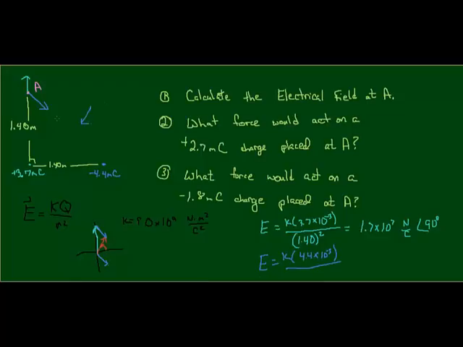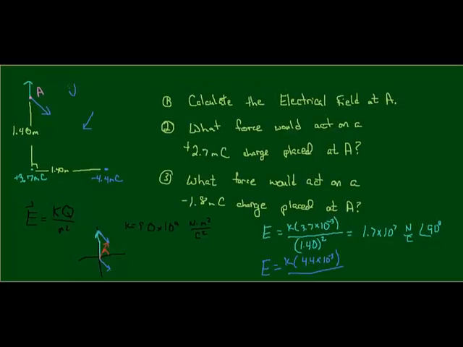Well, it's going to be the square root of 1.40 squared plus 1.40 squared, Pythagorean theorem. That radius turns out to be 1.98 meters.